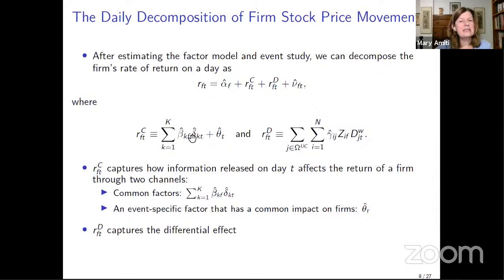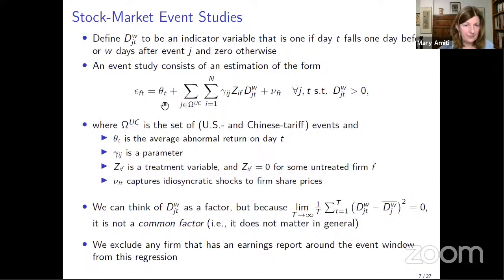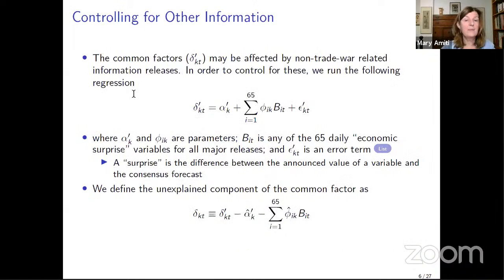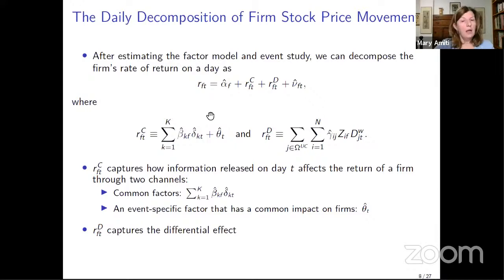This is what the factor model would predict as the effect on that day, at time T, after we orthogonalized it for the economic surprises, etc. But then there's this additional theta T from the event study, which is the average effect on that day on those firms due to the trade announcement.